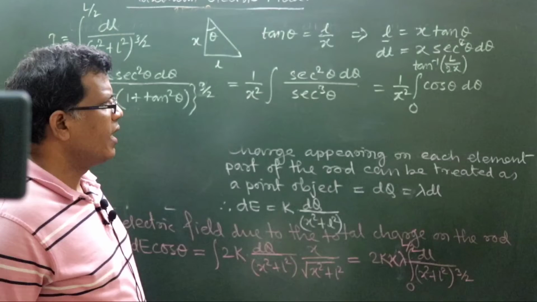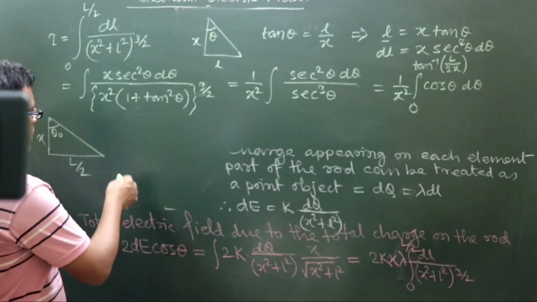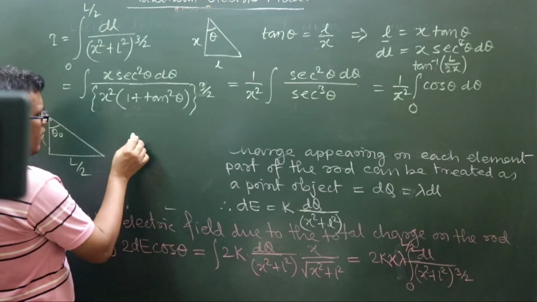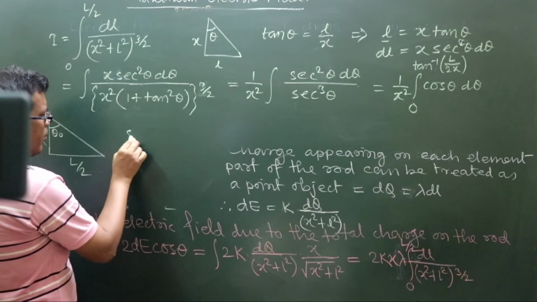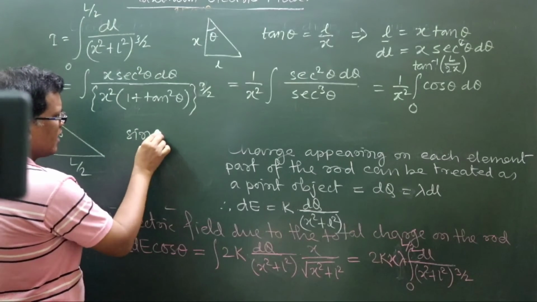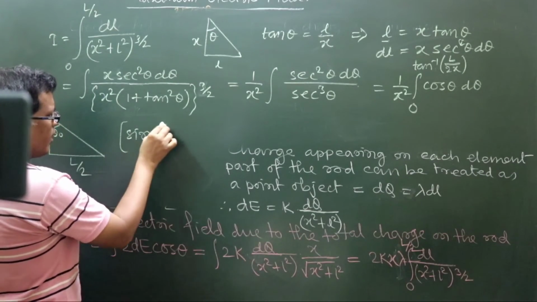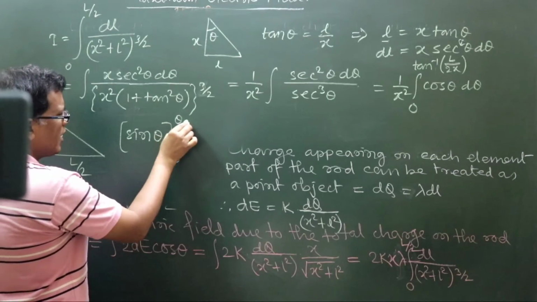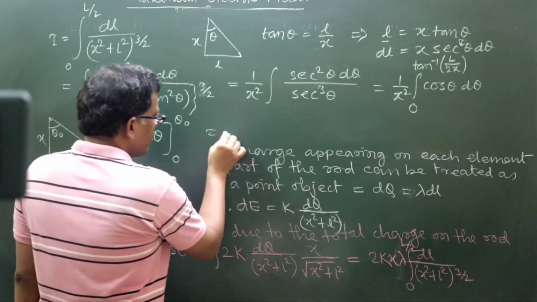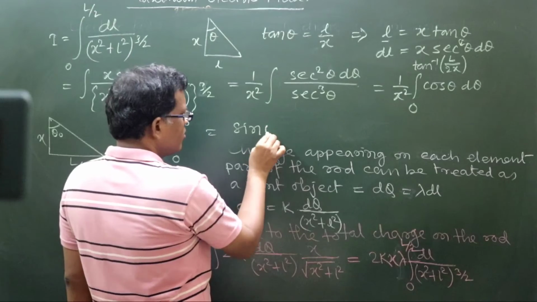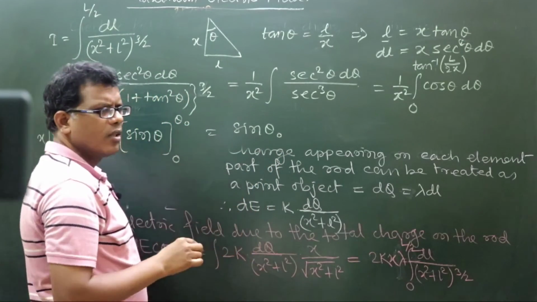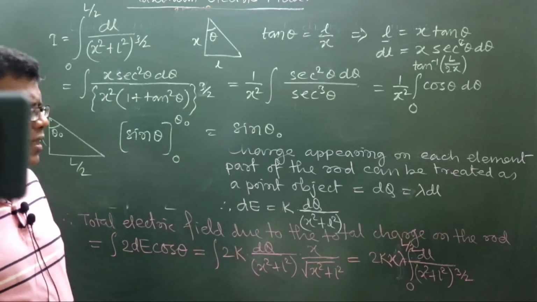When we do the integration, the result is sin theta. The limit will come as 0 to theta naught, for example, so it will be sin theta naught. Got my point? Sin theta naught.